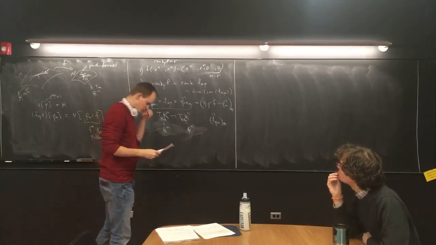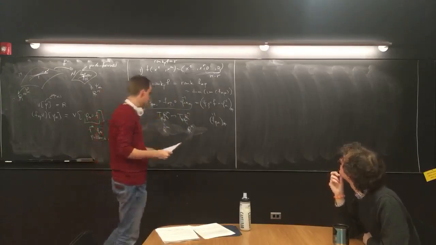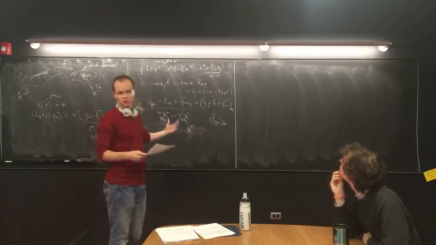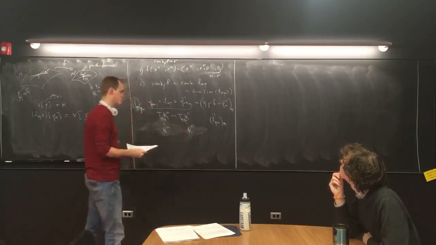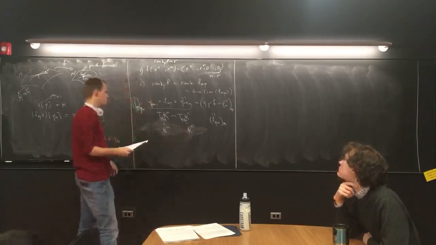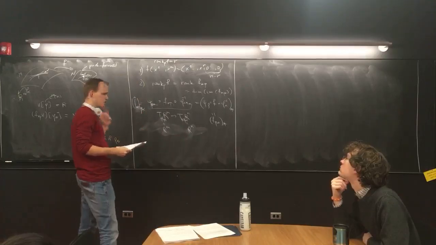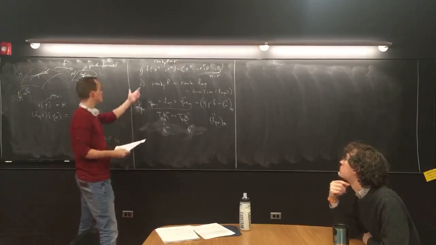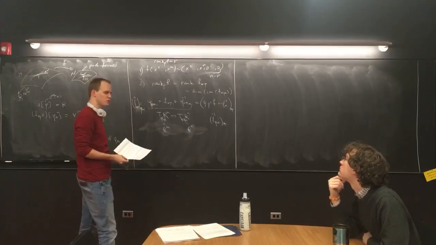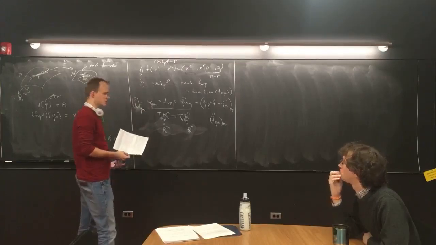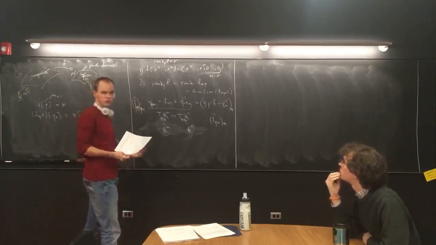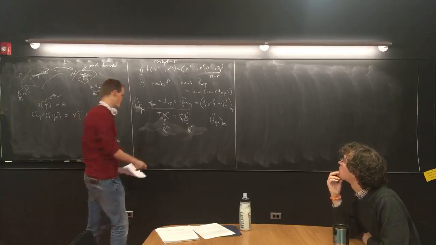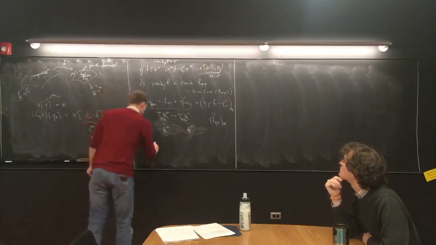Okay, and then remember we talked about the two special classes of maps for which, first of all, they have constant rank, which means that the rank of the differential is the same everywhere, and the rank is maximal. And there were two cases, basically.